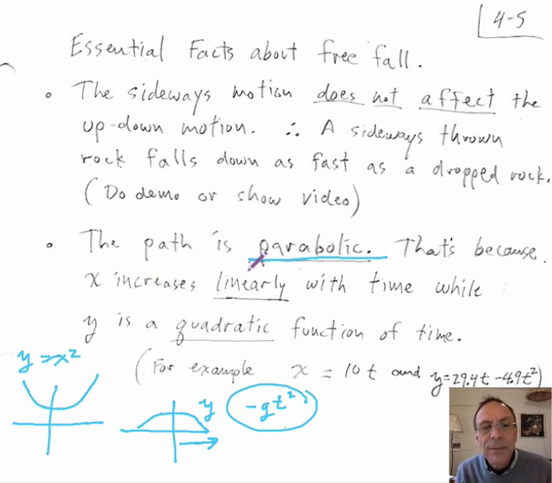So mathematically, I'm saying here x increases linearly with time, whereas y is a quadratic function of time. And so for example, if you were to graph this, x equals 10t, and then this thing here, you get this upside down parabola.